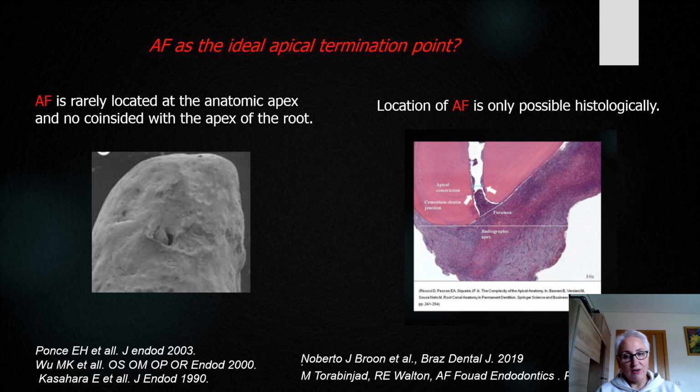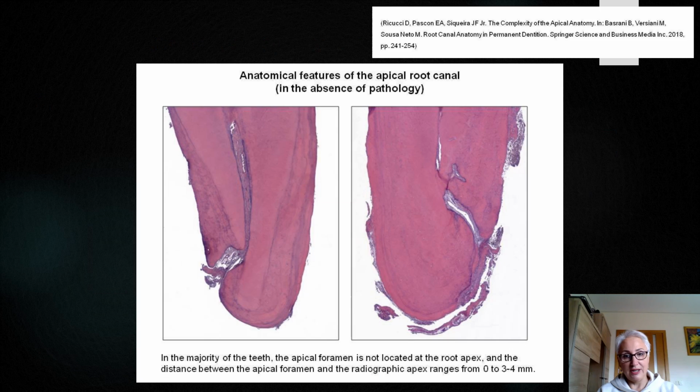Location of the apical foramen is only possible histologically. The same goes for some anatomical features of apical root canals, which could be a very big distance from the anatomical or radiographical apex. This distance could be 1 or 2 millimeters, or even 3 or 4 millimeters.